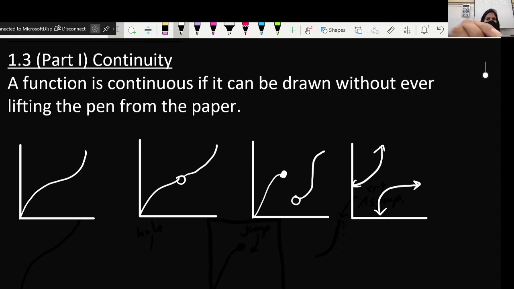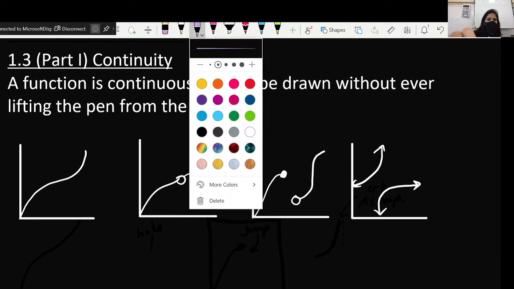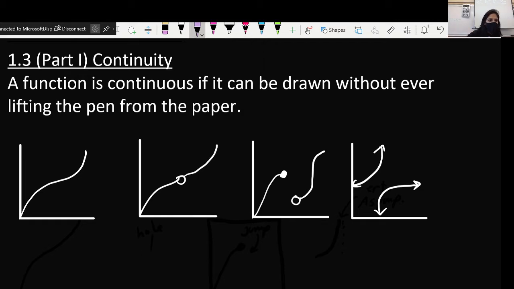So if we are going through this, our first one here would be continuous, which you can see by looking at it, right?